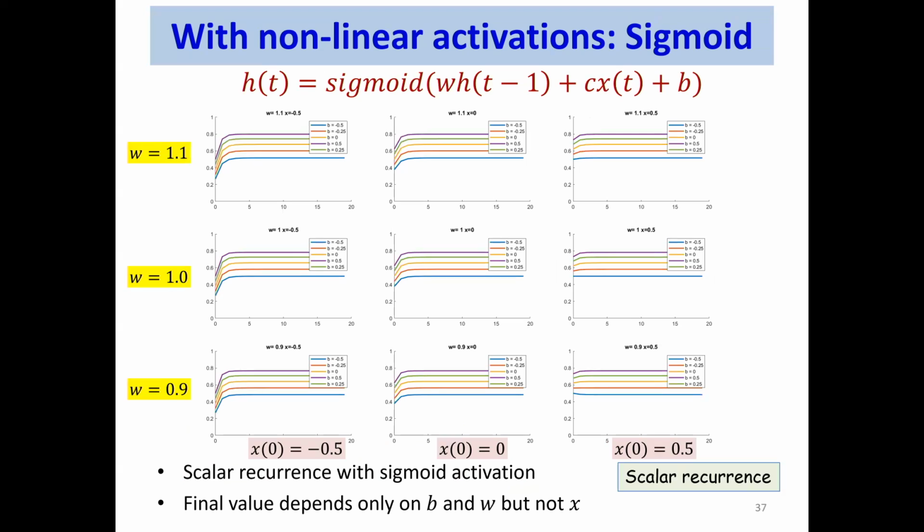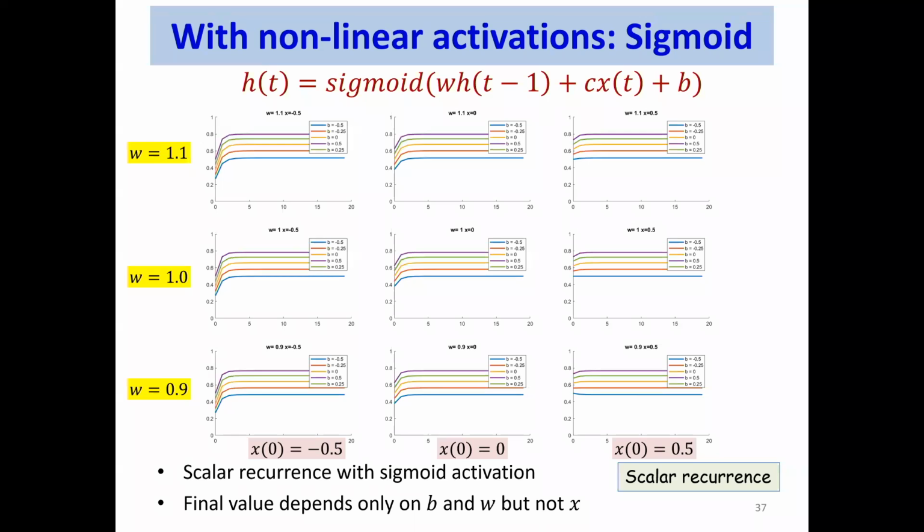So now I'm computing the affine value, but then I'm putting it through a sigmoid activation. I have taken 3 examples. Each figure has 5 bars. The 5 bars represent 5 different values of the bias B. There are 3 rows, and the 3 rows represent 3 different values of the weight W: 1.1, 1.0, and 0.9.